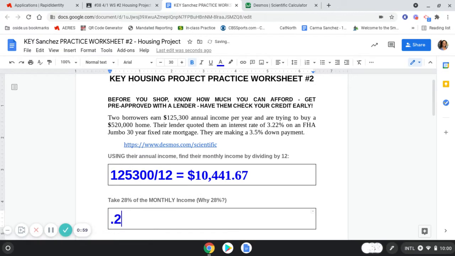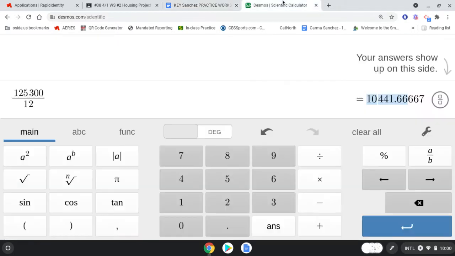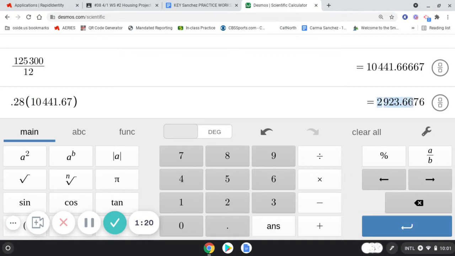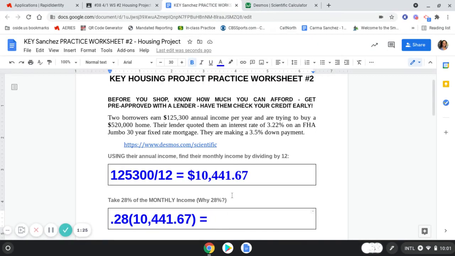Then 28% of that monthly income is going to be how much we can afford. So $2,923.67.